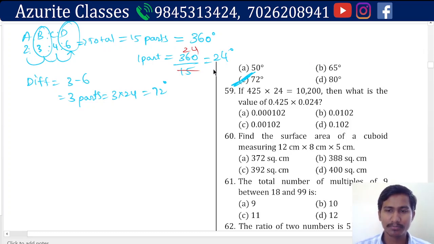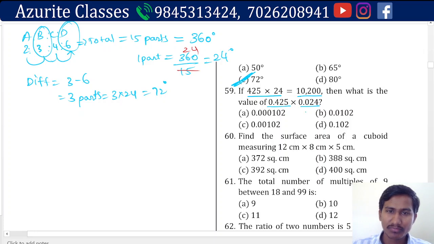Okay, good. So next question here, there is 59 question. So what is the 59 question here? 425 into 24 is 10,200. So then the value of 0.425 and 0.024, it is very easy, direct it is, right?